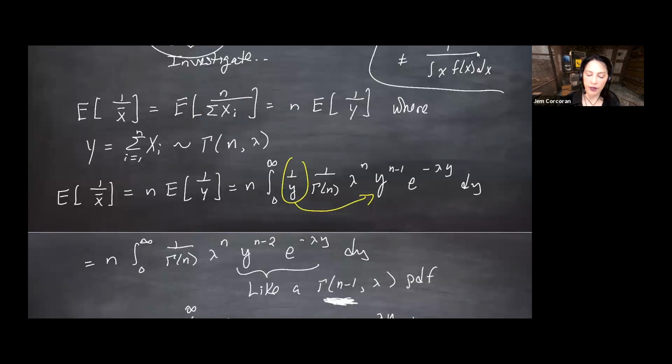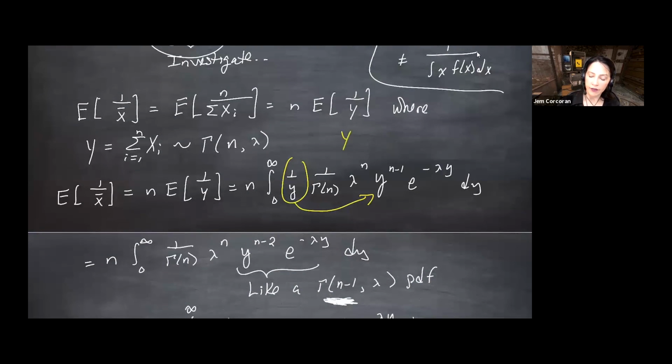I'll write specifically what it is. It is n over the sum of the x's. Oh, actually, 1 over that does not have the gamma distribution. So the y is what I'm trying to say.